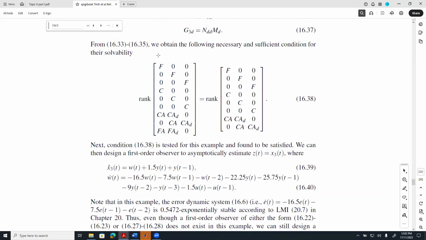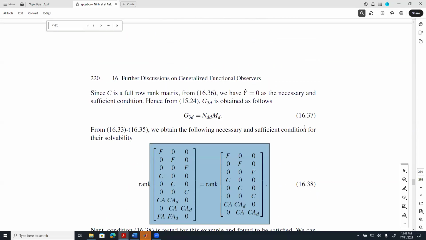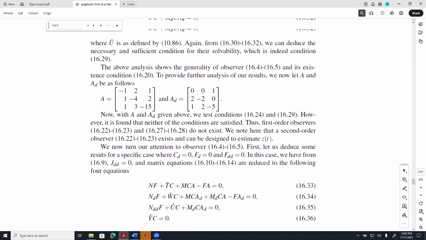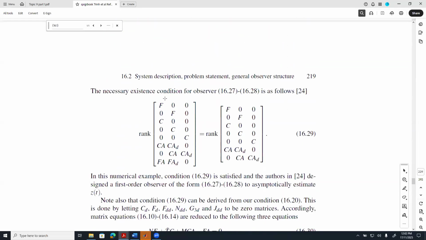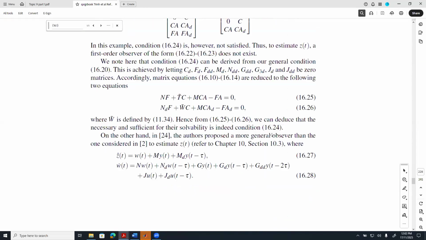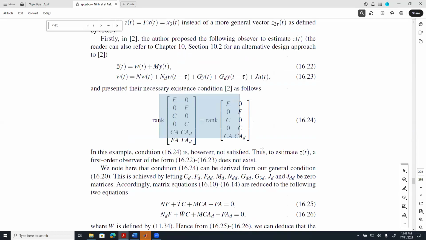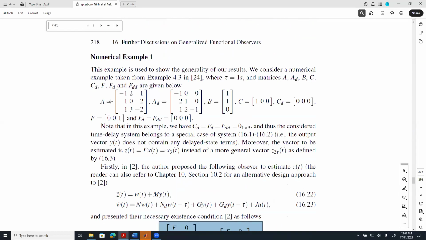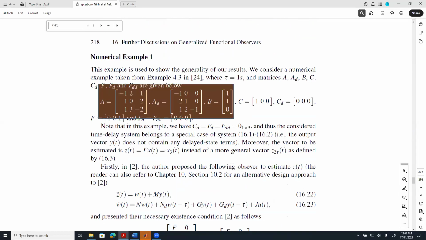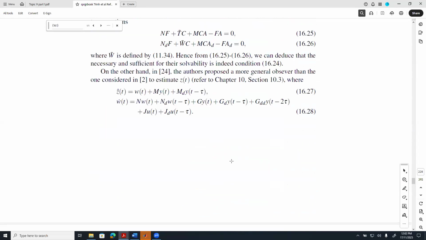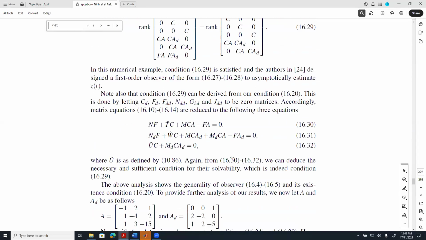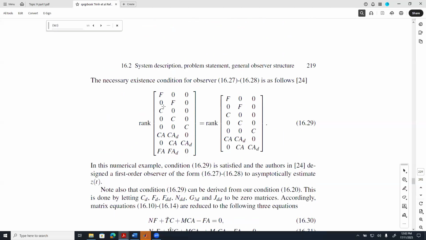And the condition that we have in here, we can see that clearly, this condition is less conservative than the condition provided in this reference. That is demonstrated by a numerical example here. But then we say, look, we can even have a less conservative condition than this one as well.